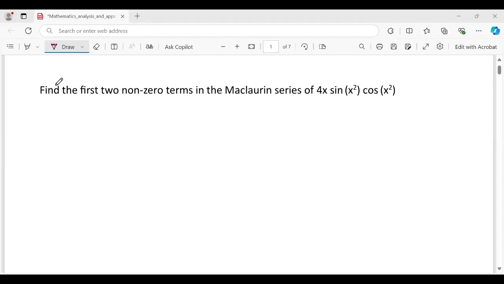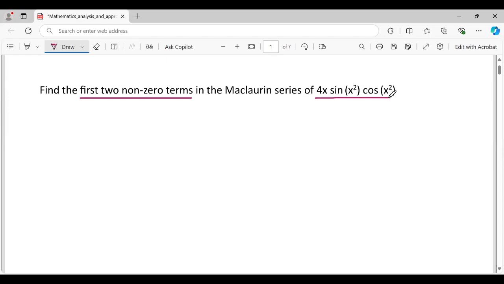Okay. We're going to discuss how we find the first two non-zero terms in the Maclaurin series of 4x sine x squared cosine x squared. I have explained in my previous explanations how we find the Maclaurin series of sine x squared.